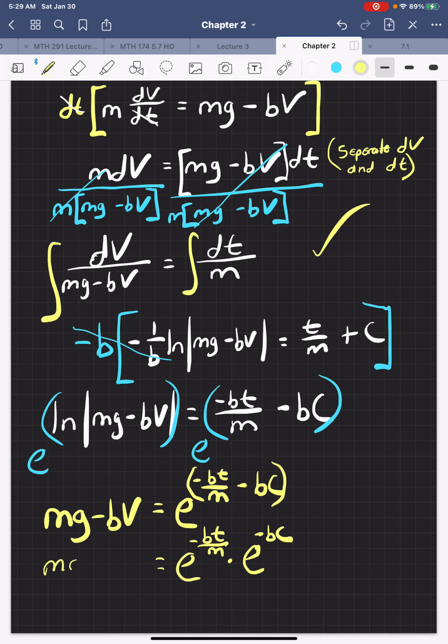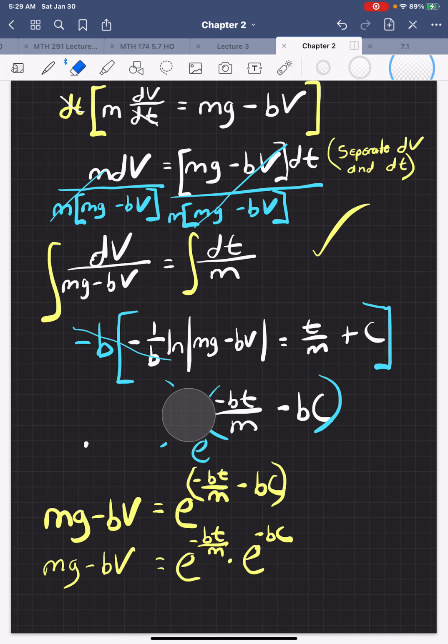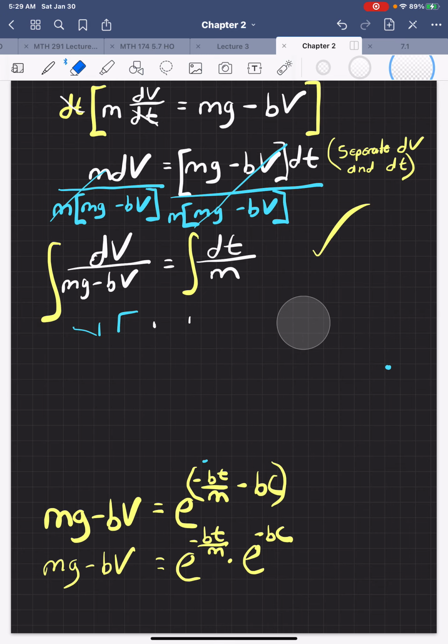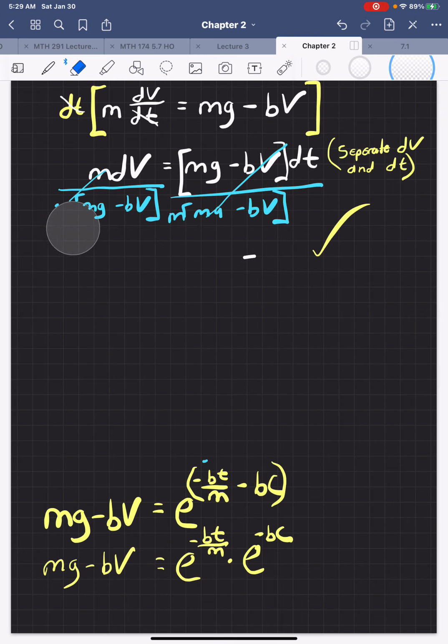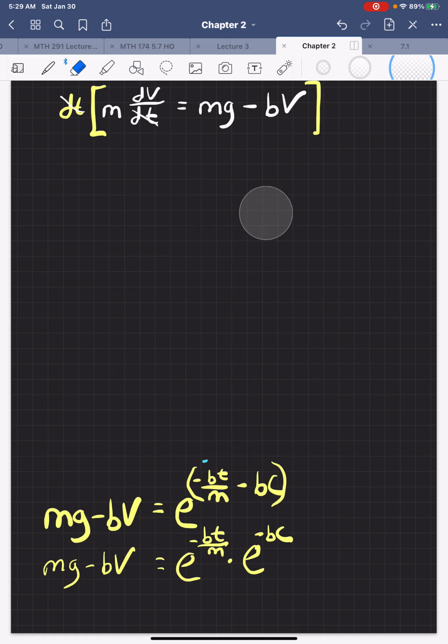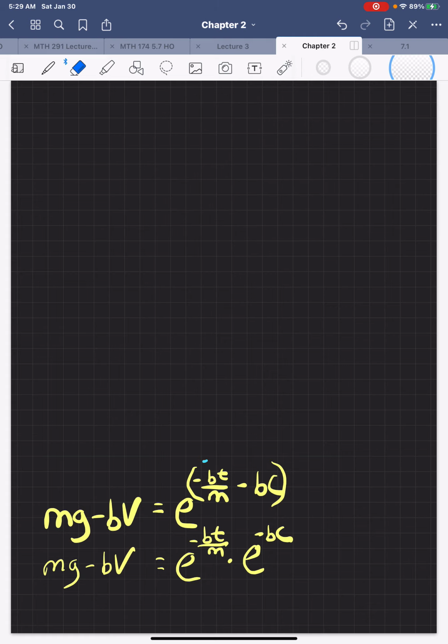So we still have mg minus bv. Since I've run out of space, let me erase everything north of where we left off here.